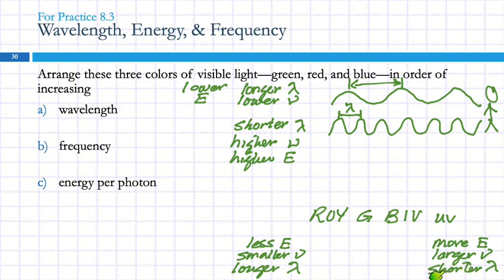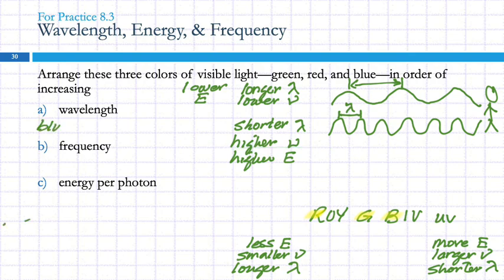So what color is closest to the short end? These are our three that we're looking at, red and green and blue. Blue is closer to the short end, so its wavelength is shorter. So we're going to list that one first.